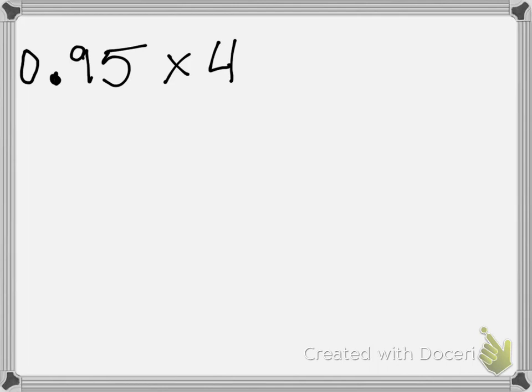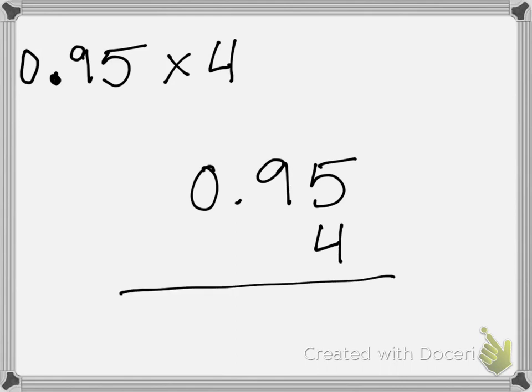Did you set it up properly? So Matthew, how do you set that up? Well, I put 0.95. And under 5, I put 4. Perfect. Just like that. Exactly.